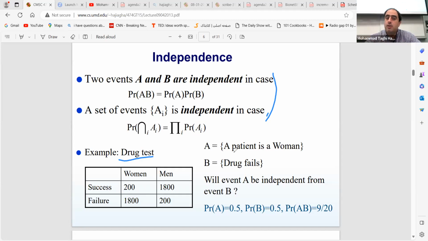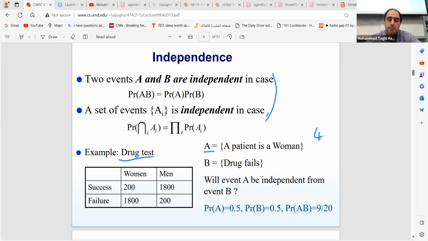So let's define two events. Event A means that a patient is a woman. How many patients do we have in total?